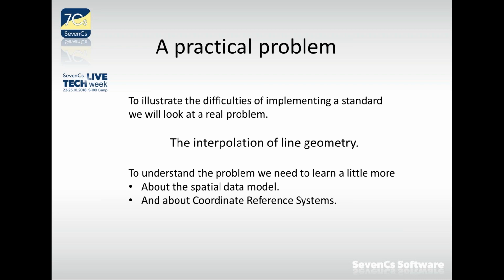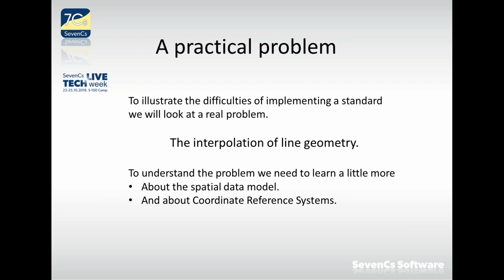Another very interesting topic that comes to my mind is the interpolation of line geometry, and I think that will just fit in. To understand the problem, we have to go back to the standard and have a look at some of the data models.